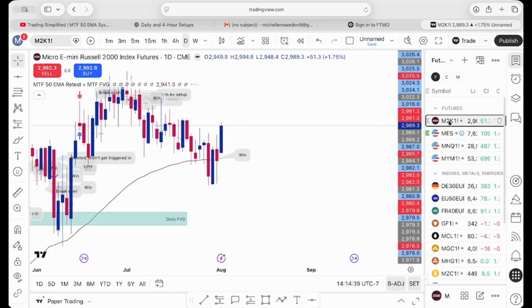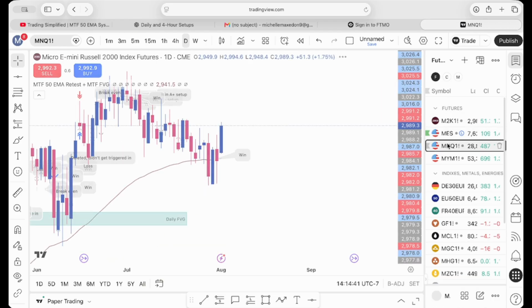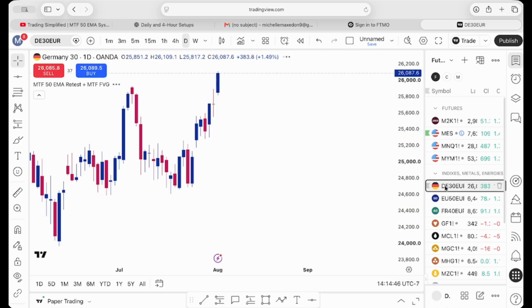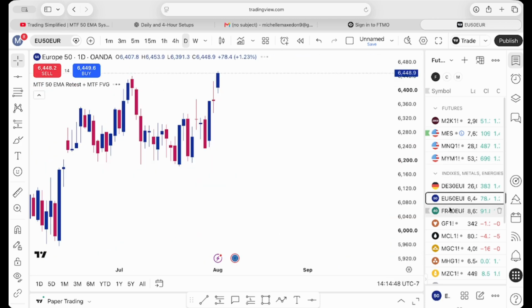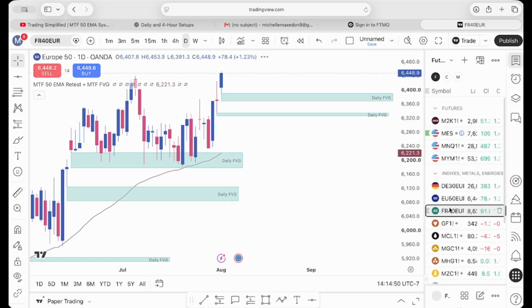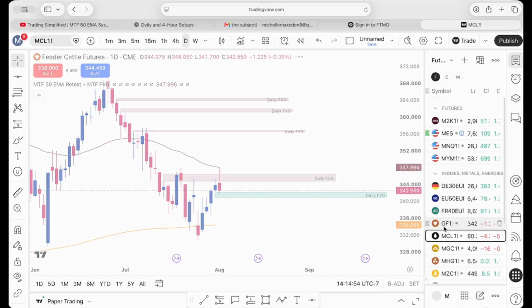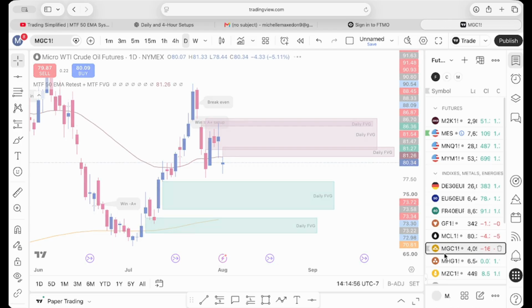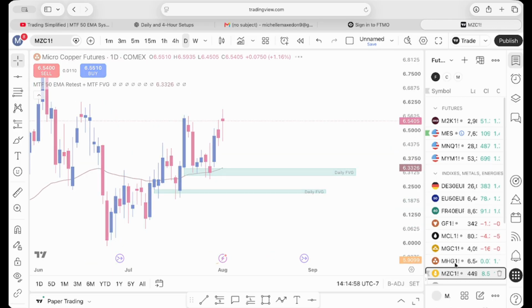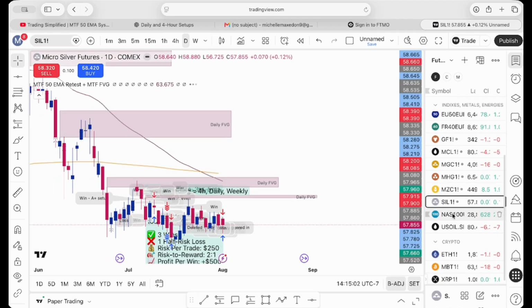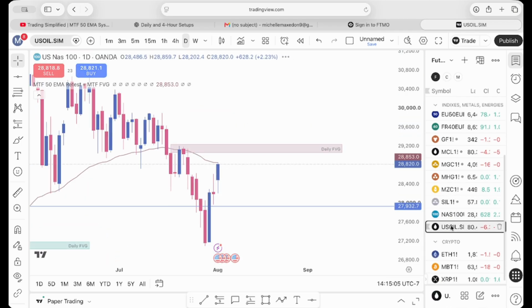Let's check the futures pairs. Nope, doesn't look like we have anything.